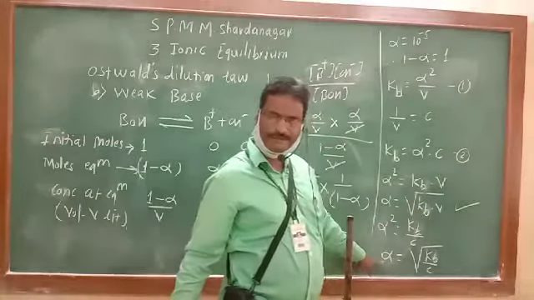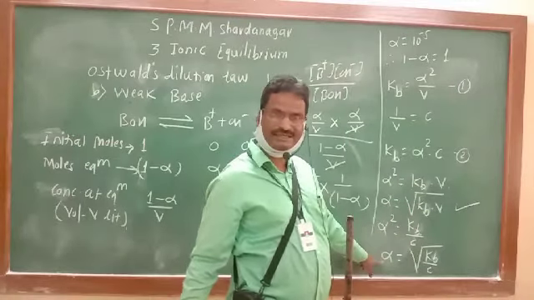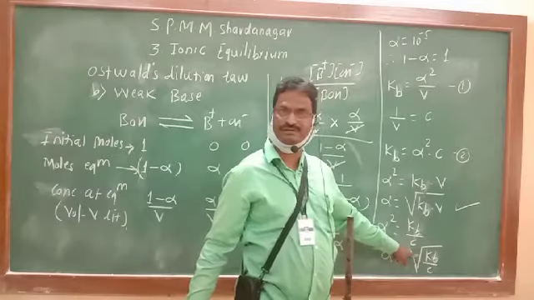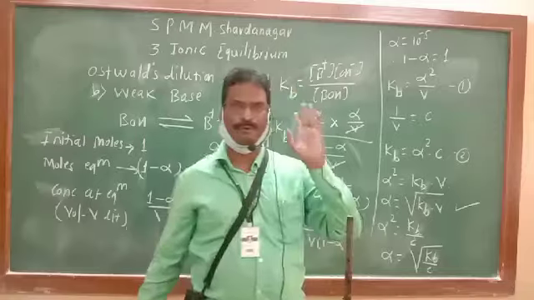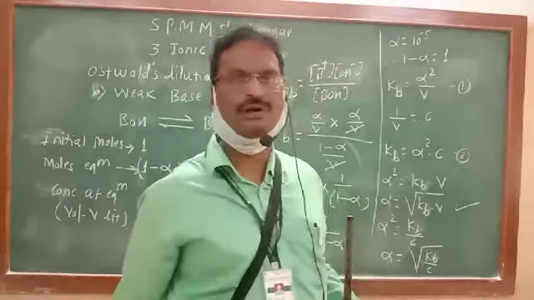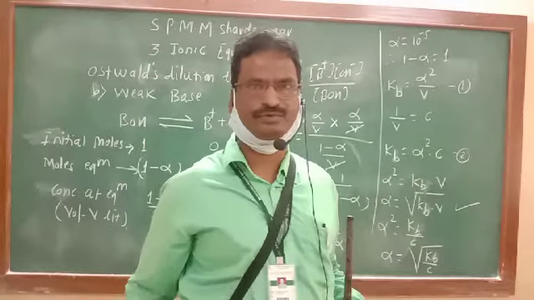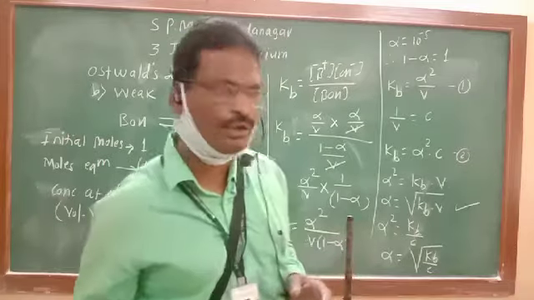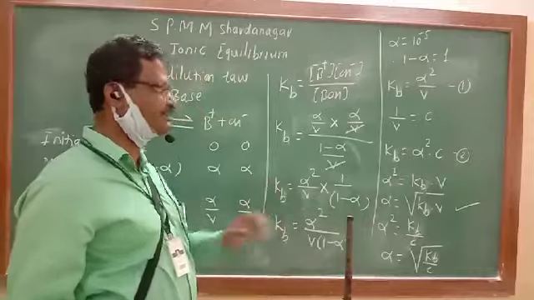According to this equation, degree of dissociation is directly proportional to the square root of dissociation constant, but inversely proportional to the square root of concentration. So that is about the Oswald dilution law for weak acid and weak base.